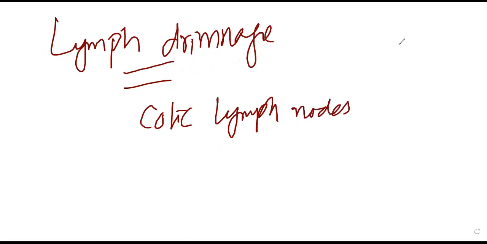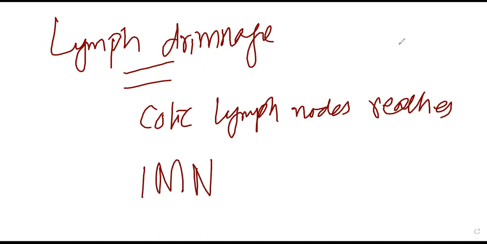The lymph drainage. So the colic lymph nodes reach to the inferior mesenteric node. The nerve supply.